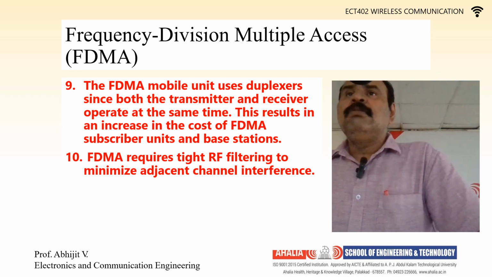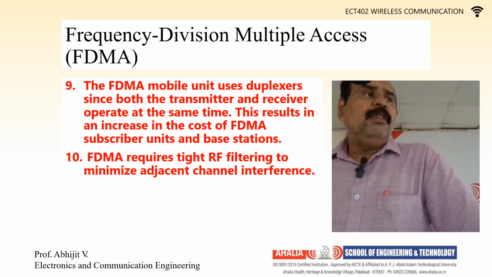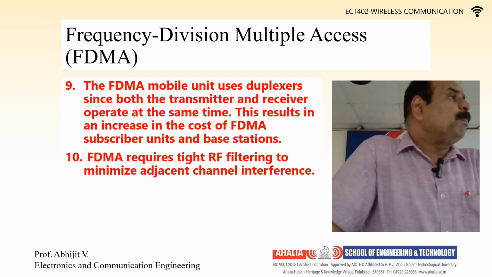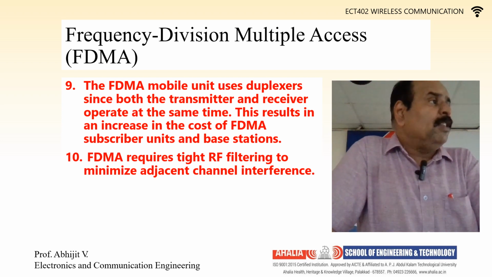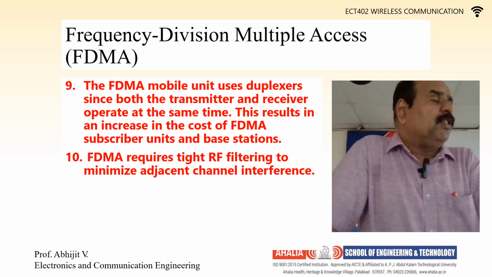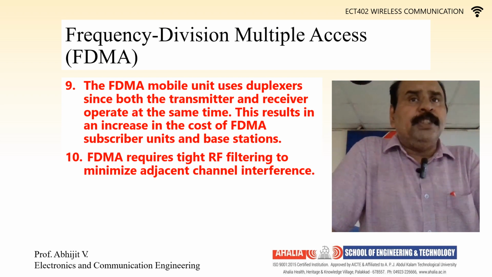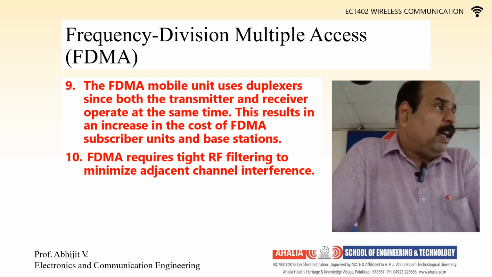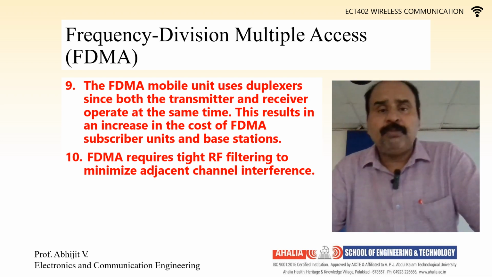We have seen that we are using multiple frequencies over the same channel. There is a possibility of one set of frequency bands getting interfered with by the next set. So adjacent channel interference is a major problem that we might face while using FDMA systems.